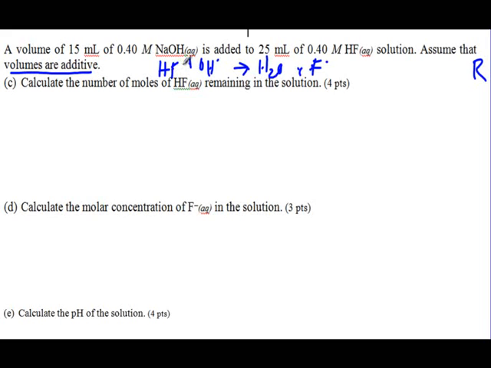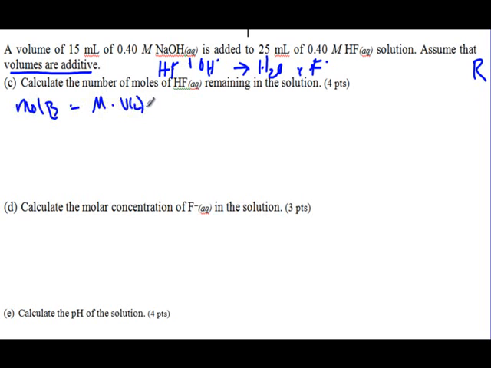Let's take a look. How much base I'm going to use: my moles of base is going to be molarity of my base times my volume in liters of my base.